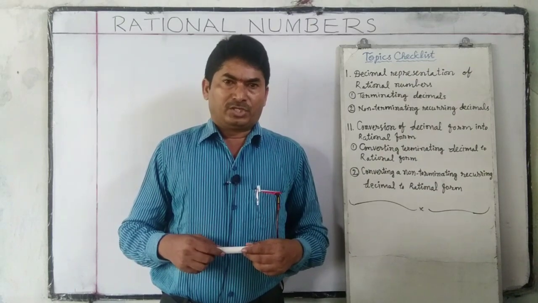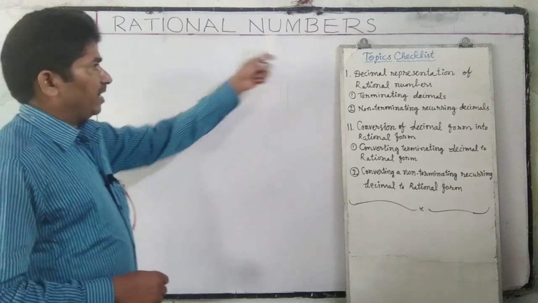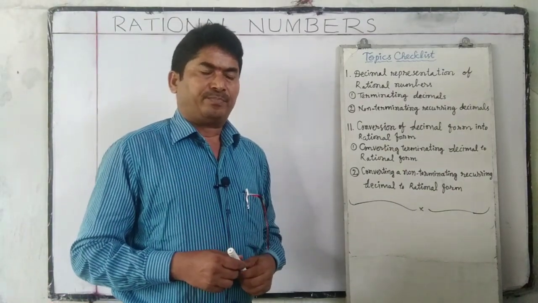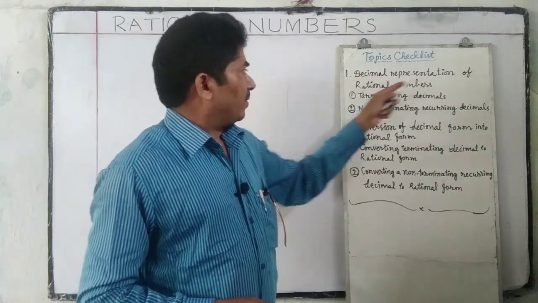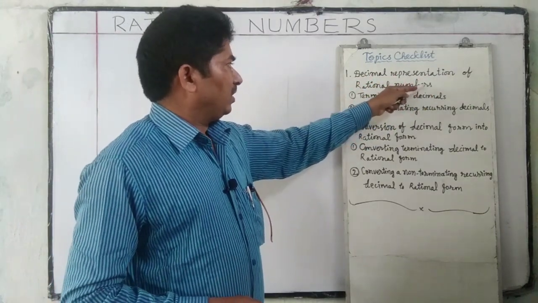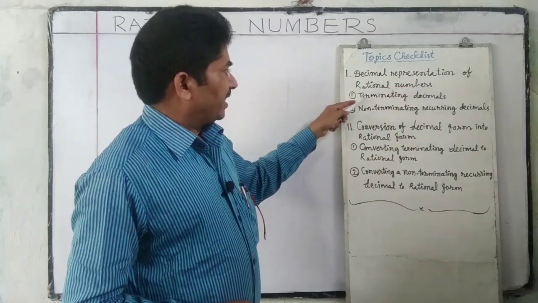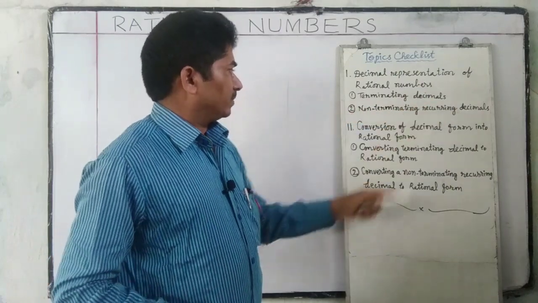Friends, in this video, I would like to teach you rational numbers. In this chapter, we are going to learn decimal representation of rational numbers. These are of two types: terminating decimals and non-terminating decimals.